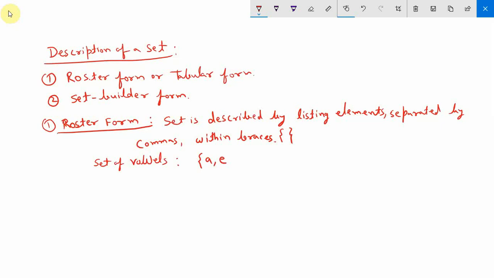A, E, I, O, and U. So it is listed by writing each element and separated by comma, and all our elements are written within braces. So next example, if we write set of even natural numbers, how can we write set of even natural numbers?